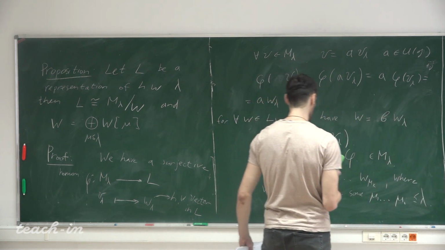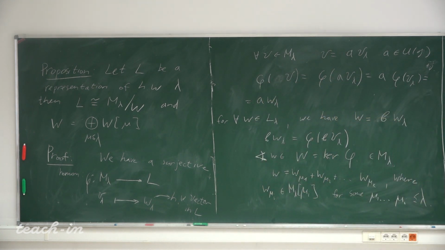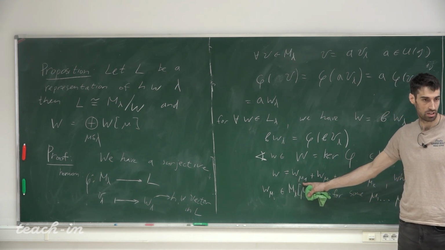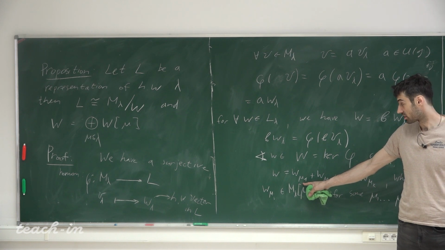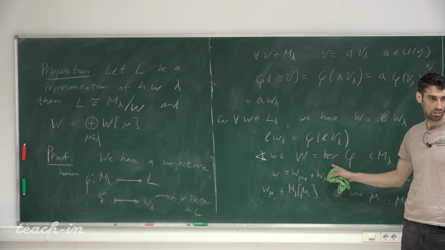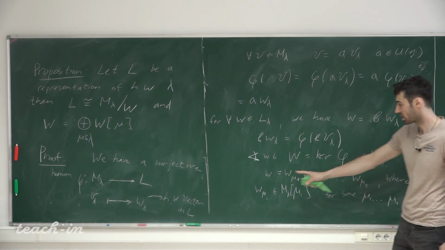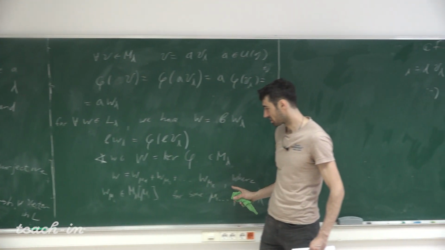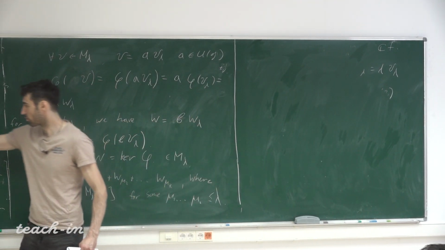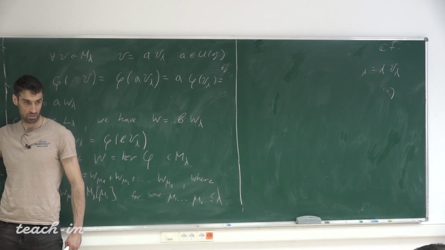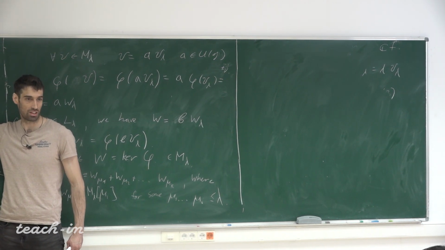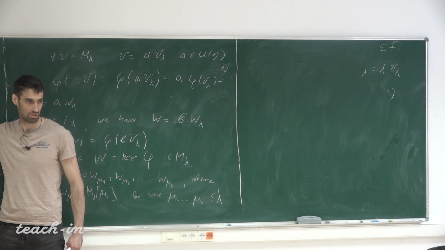So it is enough to prove that each w mu i is inside the kernel, right? Then I'm done. This will exactly mean that every w is presented as a sum of elements from these subspaces. Okay, and the sum is direct because of linear algebra reasons.